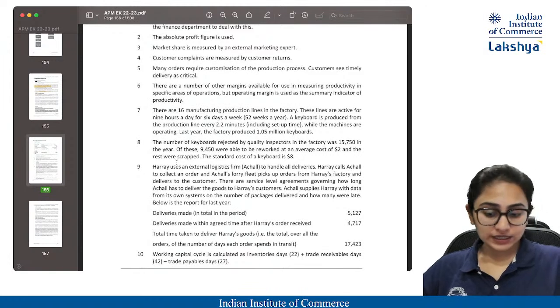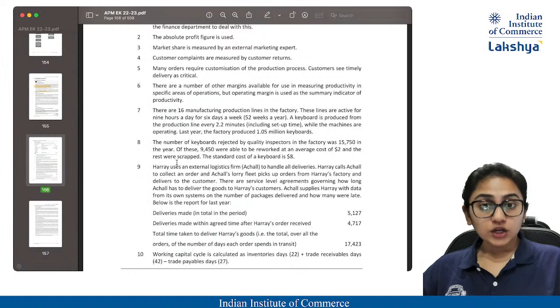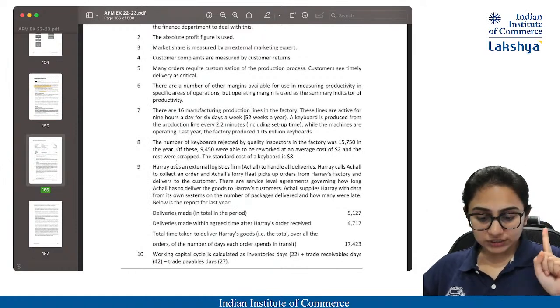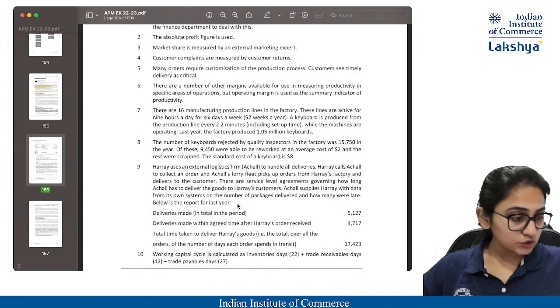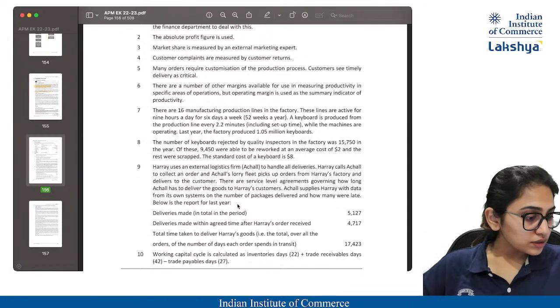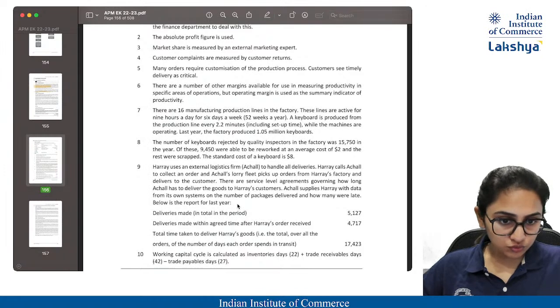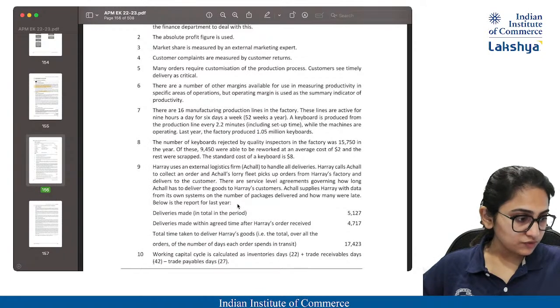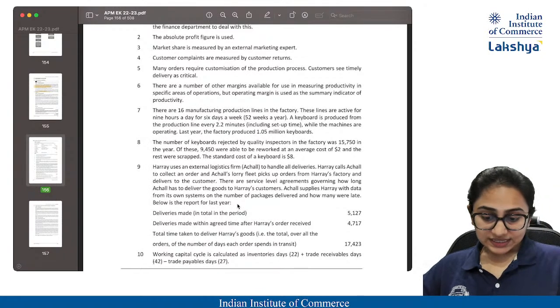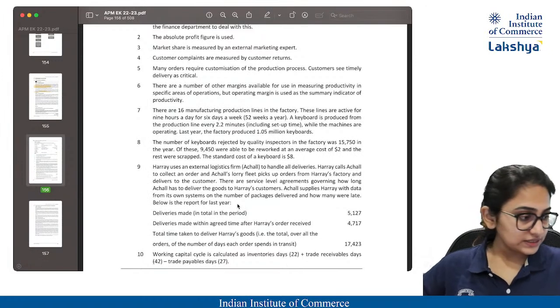So we just calculated that we take 3.4 days on average to deliver one product on time, and this working capital cycle is calculated as 22 plus 42, that is receivables less payables of 27. That is, a cycle is 37 days.